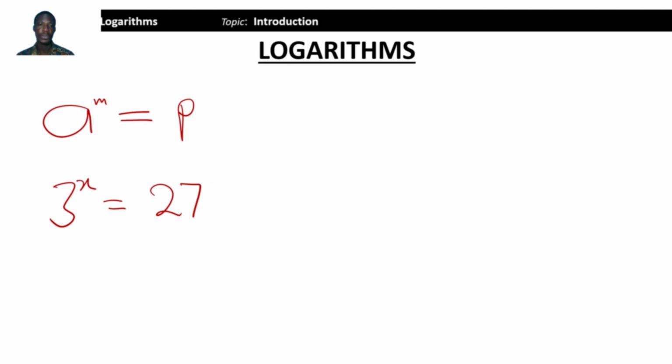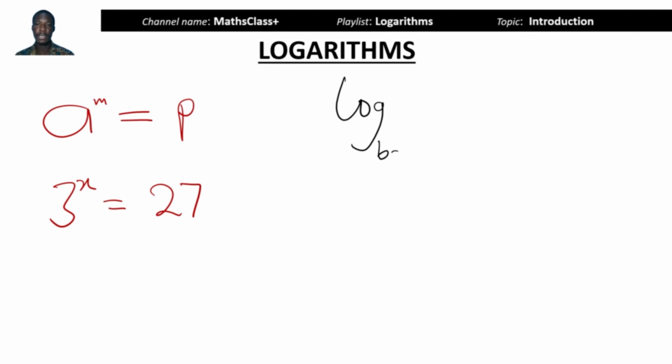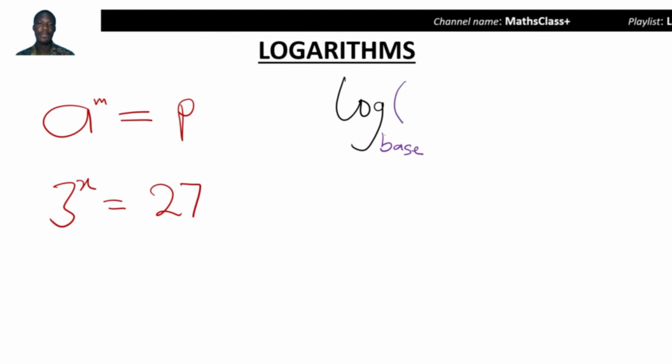Okay, so we take the first one, logarithm, and here you have the base. Let me use a different color. Here will be the base. And then the value, the value that you obtain from the exponential equation. And then it gives you the exponent.